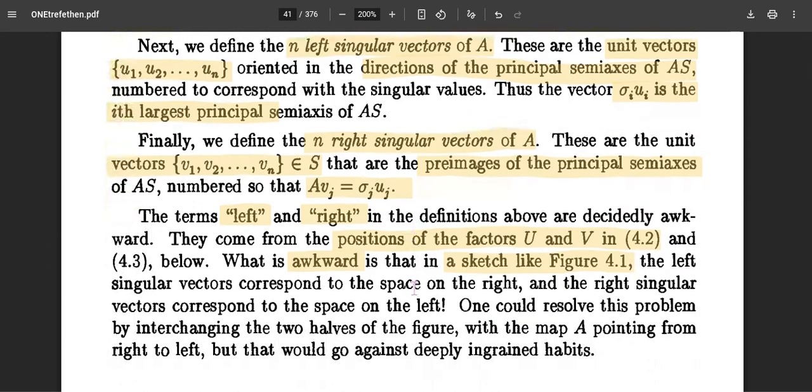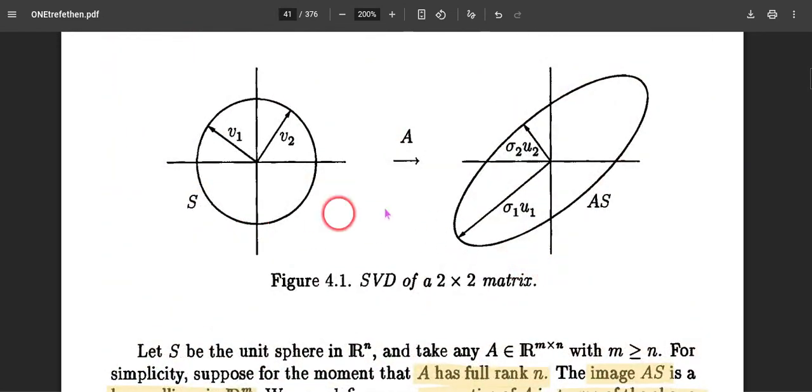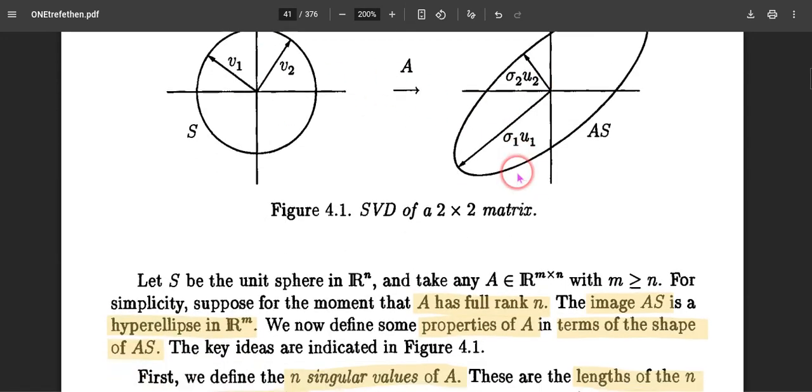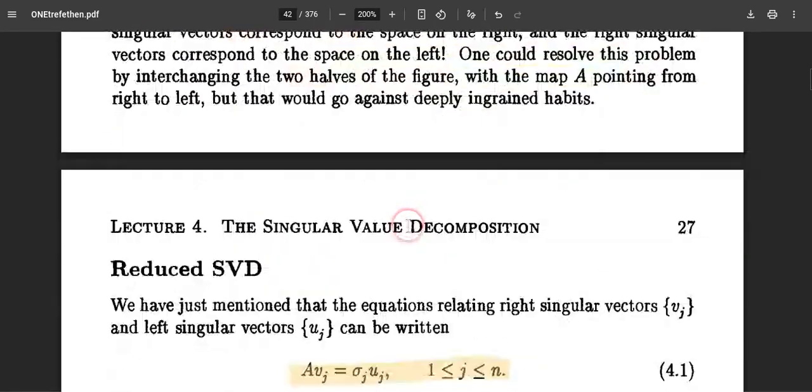From this perspective, this seems to be on the right side and that on the left, but one is termed a left singular vector and the other a right singular vector. That can be addressed by interchanging, but this is what the terminology is all about. That's what it says in the book.